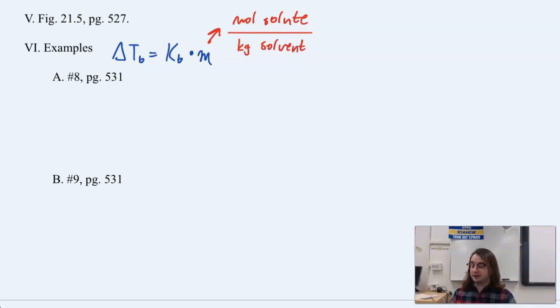We want to first get our grams of solute into moles of solute. So that's going to be 25.5 grams. I'm not going to write the formula because it's kind of long. Hopefully you don't mind. And the molar mass for this is 253 grams per mole.